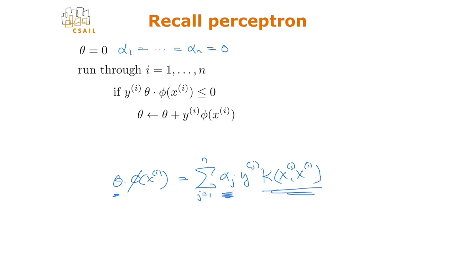Okay, then we run through the training examples. When we test whether it's a mistake, we have to construct that prediction, which we've now expressed in terms of alpha and kernels.